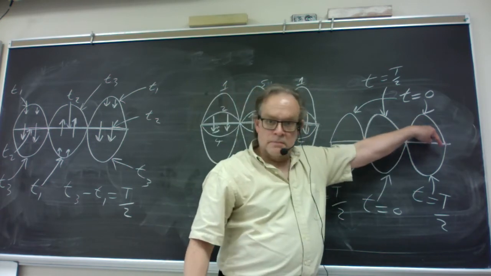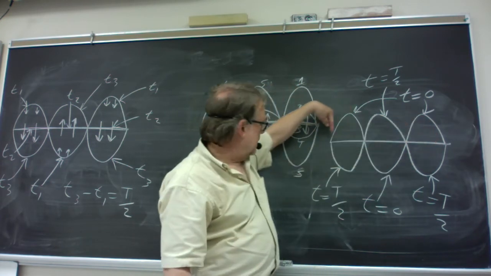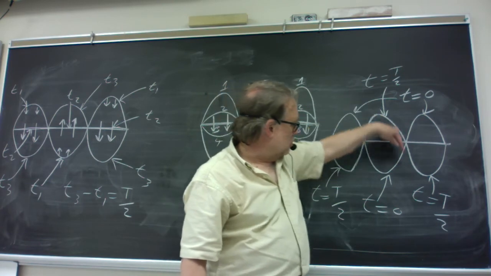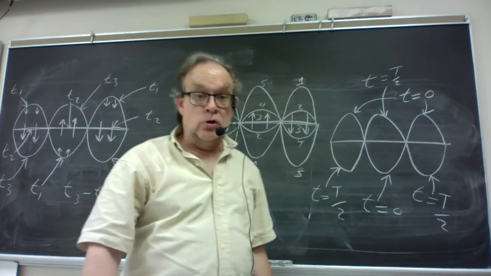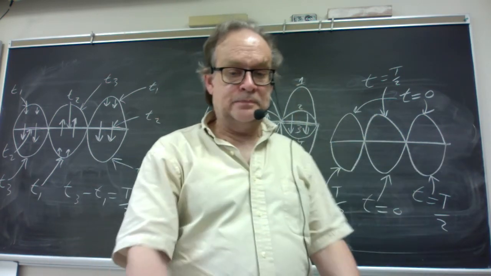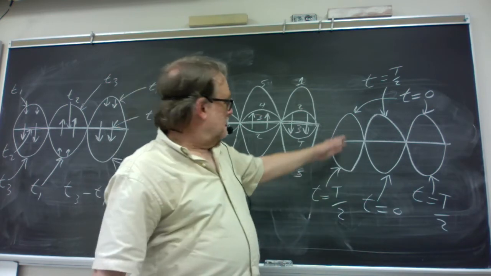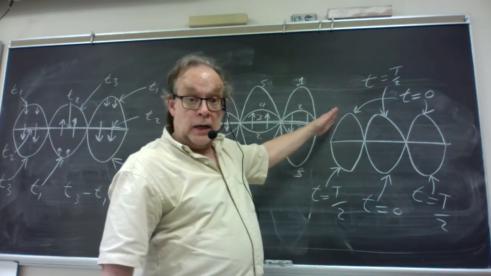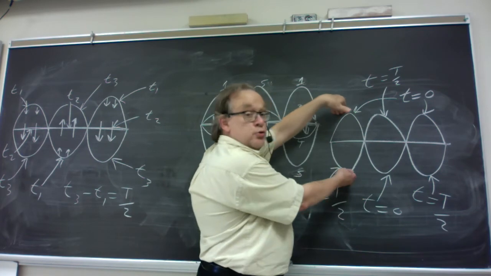That represents how things look at one time, and this represents how things look a half cycle later, half a period later. And of course, all the points will oscillate between these.